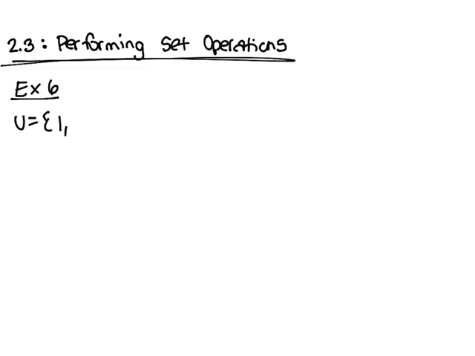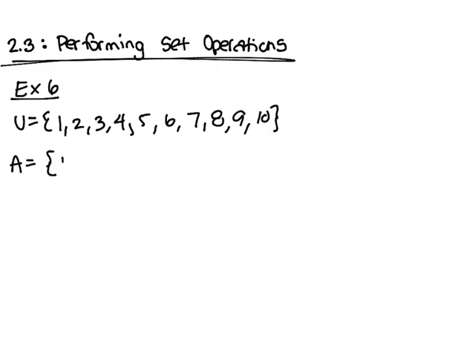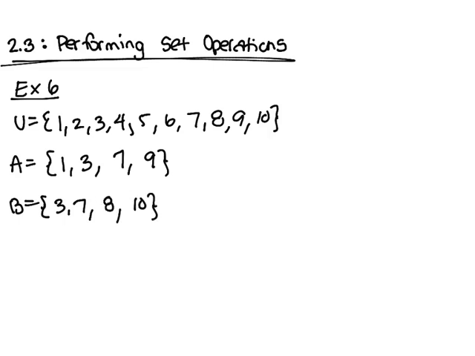In the universe, we got 1, 2, 3, 4, 5, 6, 7, 8, 9, and 10. Set A has 1, 3, 7, and 9. And set B has 3, 7, 8, and 10.